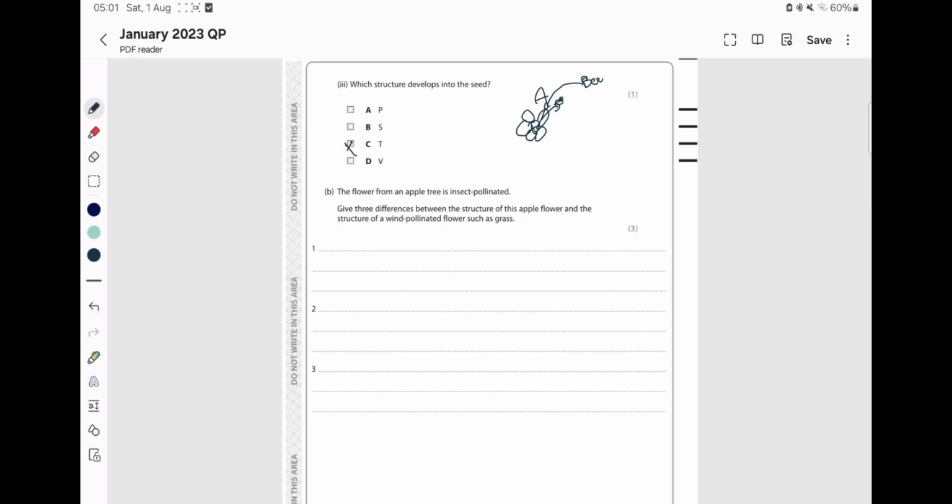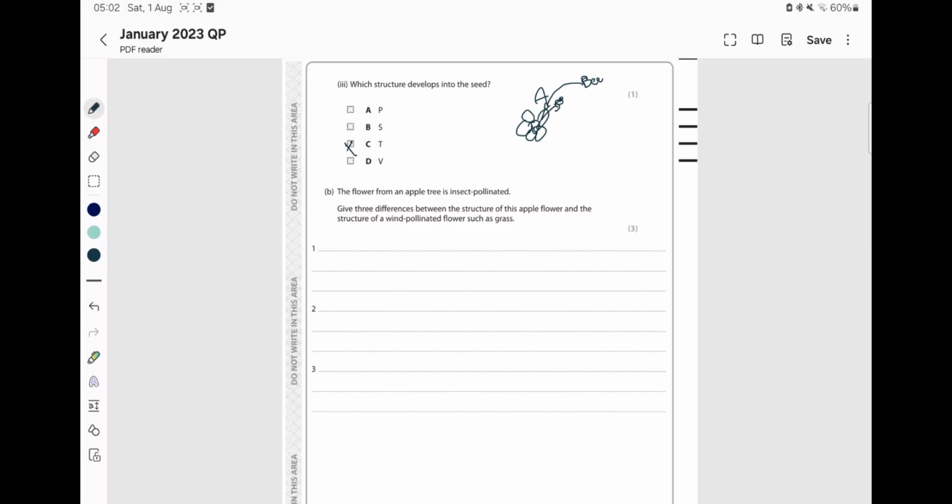Also, the stigma, which receives the pollen in pollination, is sticky in the insect pollinated flowers, so that when the insect lands on the flower, the pollen sticks to the stigma. It also has nectar.